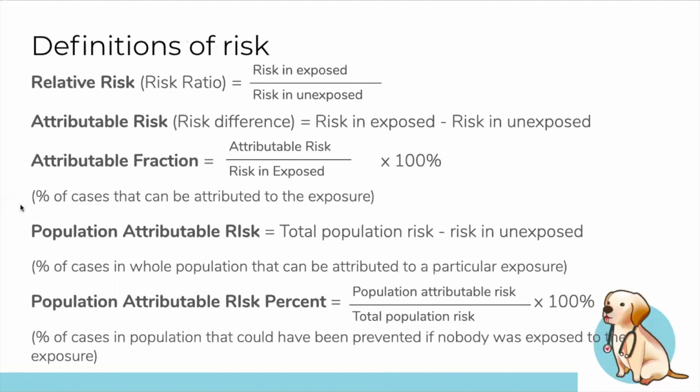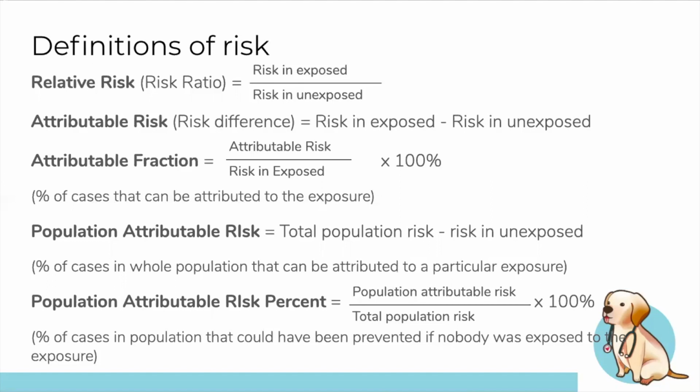Okay, definitions of risk. These are a bunch of equations that you unfortunately will have to remember, but something that really helped me wrap my head around this was a revision lecture we had last year. It's essentially just look at the word and think about what that means. With relative risk, you're thinking about the risk relative between if this person had been exposed and if this person hadn't been.